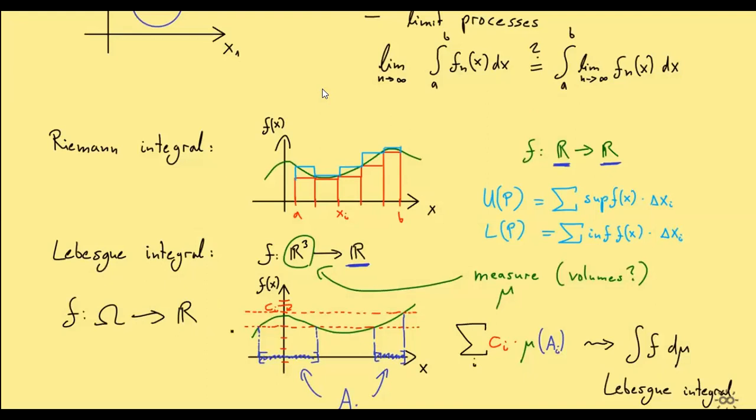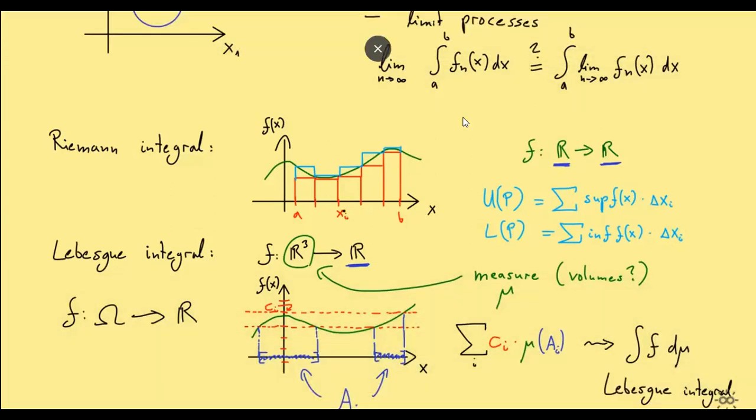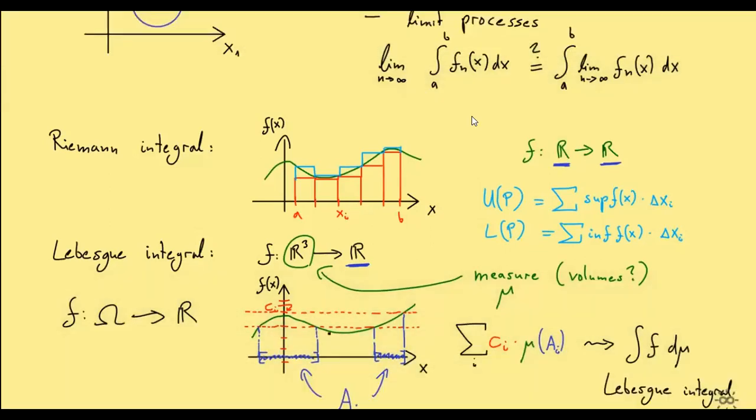However, in this case, we really need the notion of a measure, even in one dimension. So here we know what the length of a subinterval is. It's just the difference between the right hand side and the left hand side. But here we need more. Or in other words, in the Riemann integral, we just measure lengths of intervals, but in the Lebesgue integral, we can have any fragmentation, and we have to know the measure of this fragmentation.